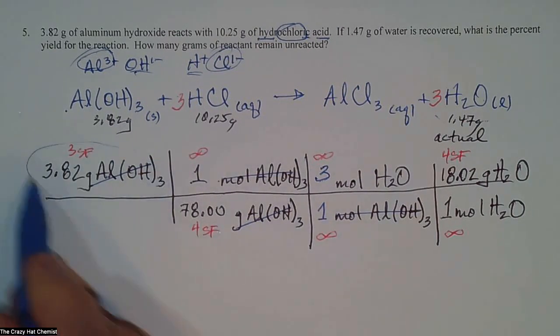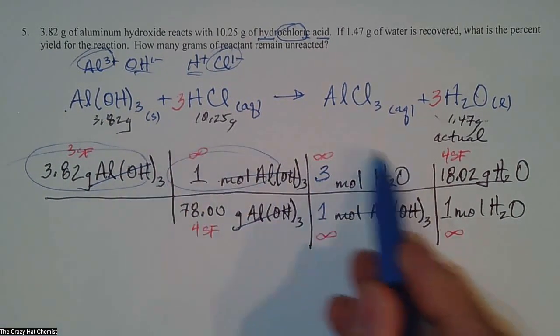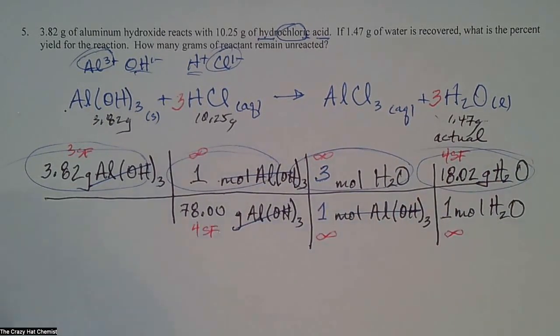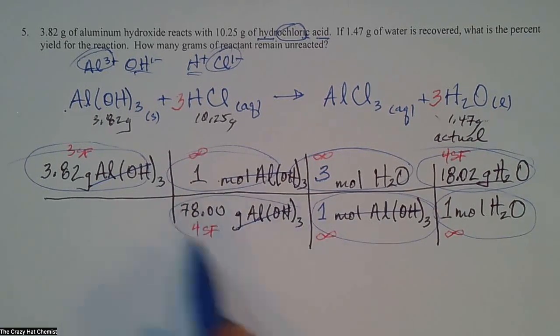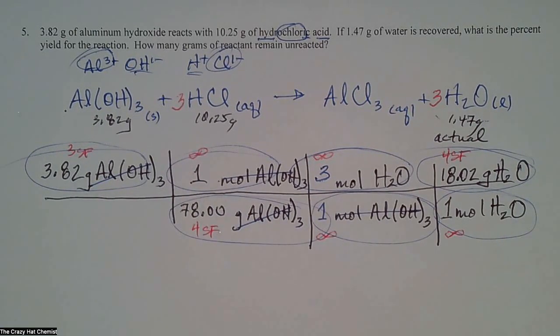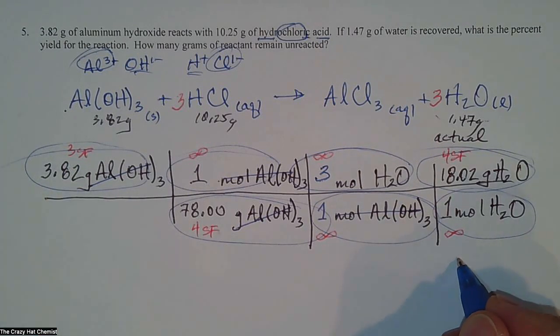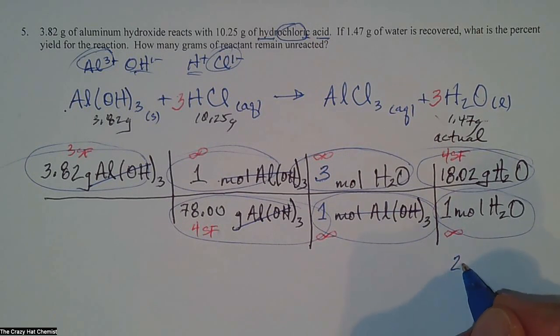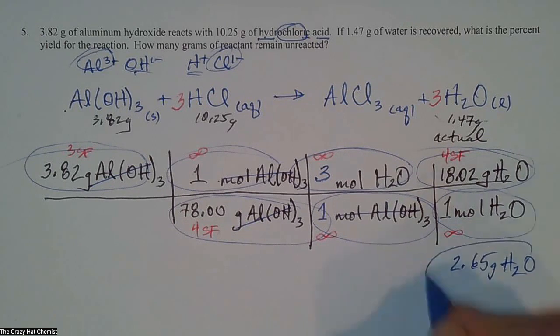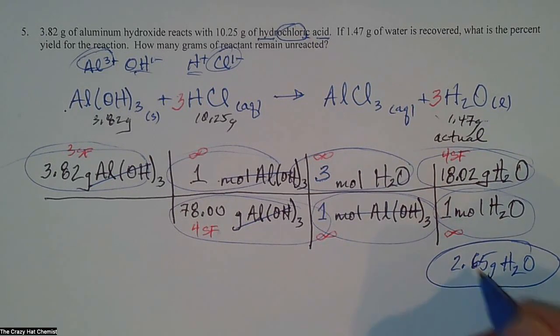So I'm going to take 3.82 times 1 times 3 times 18.02 divided by 1 divided by 1 divided by 78.00. And I'm going to round that answer to 3 significant figures. The rounded answer is 2.65 grams of H2O.